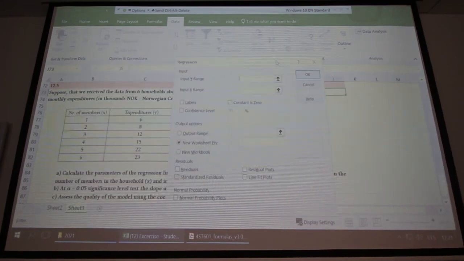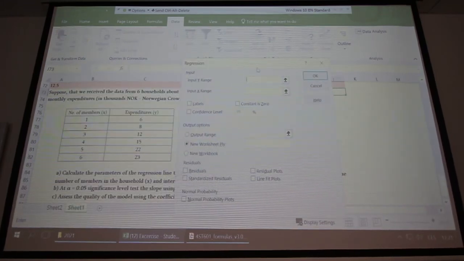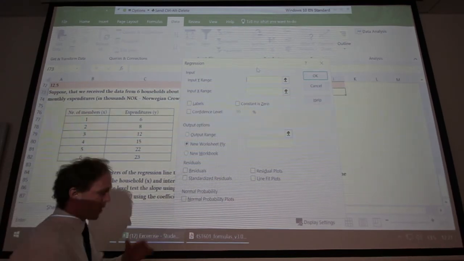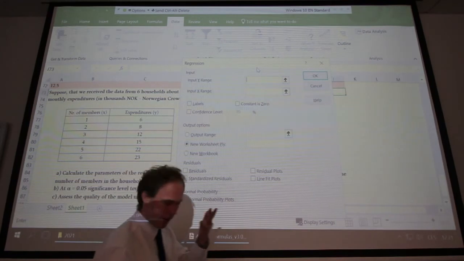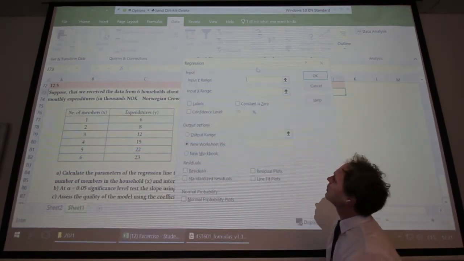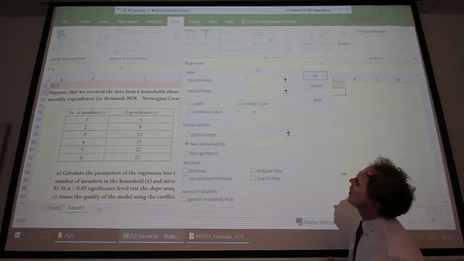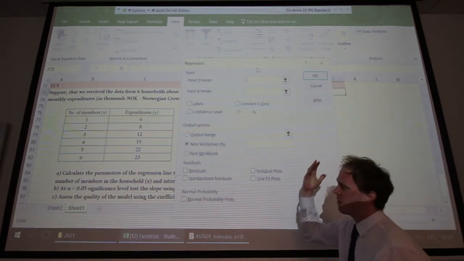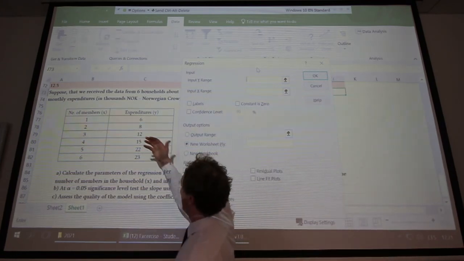And you can see that we have here input y range and input x range. I hope that you already know what is y, what is x, and how to put these values into this table. So today I will select this also with labels.